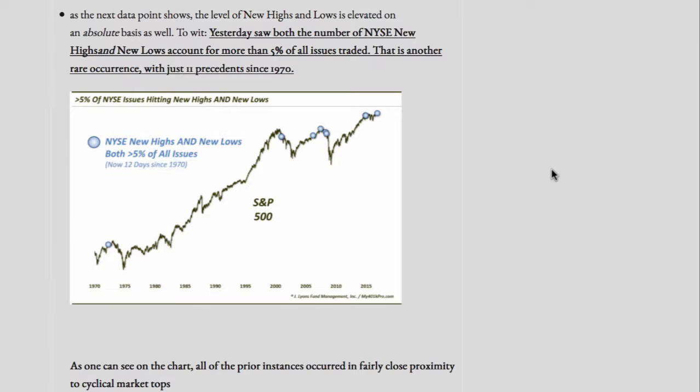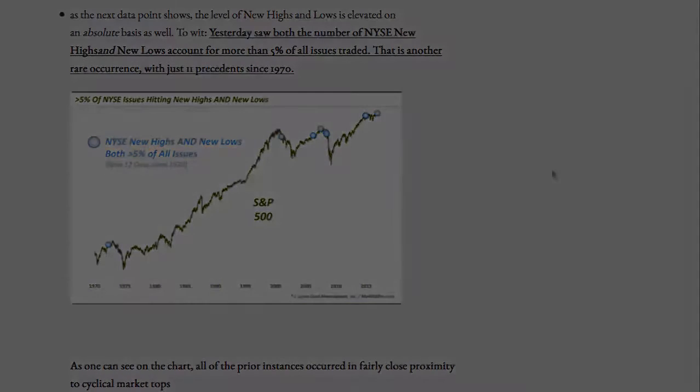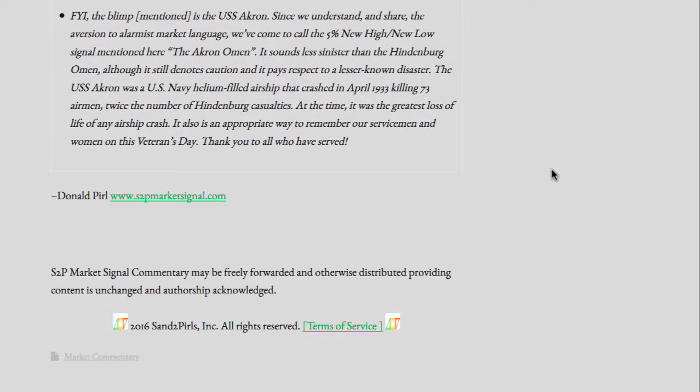As one can see on the chart, all of the prior instances occurred in fairly close proximity to cyclical market tops. FYI, the blimp mentioned is the USS Akron, since we understand and share the aversion to alarmist market language. We've come to call the 5% new high, new low signal mentioned here the Akron Omen.